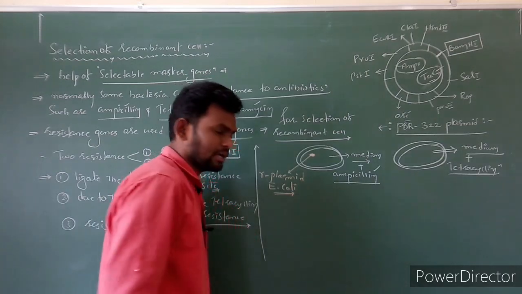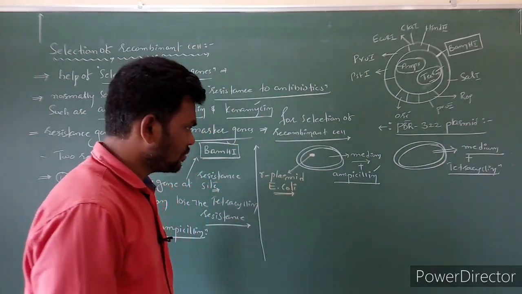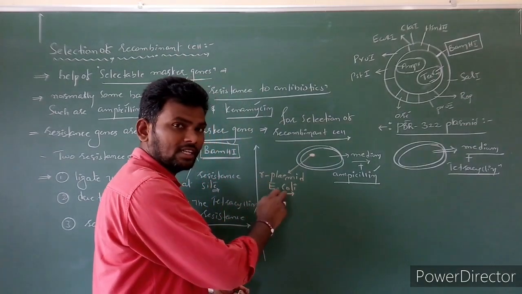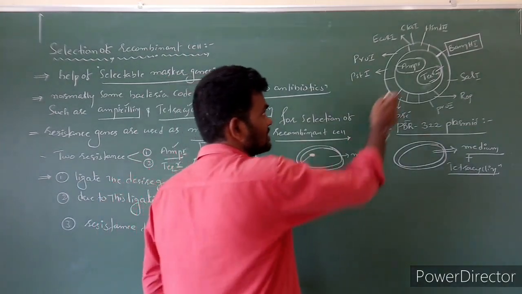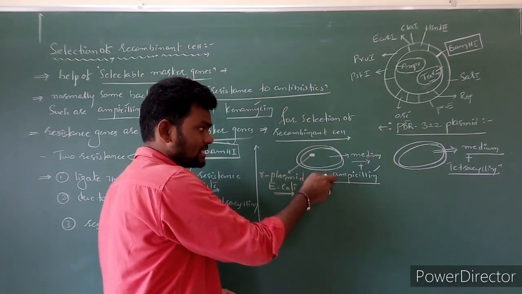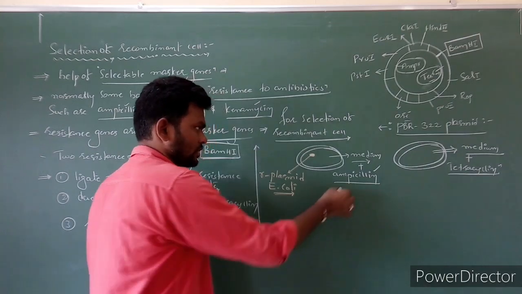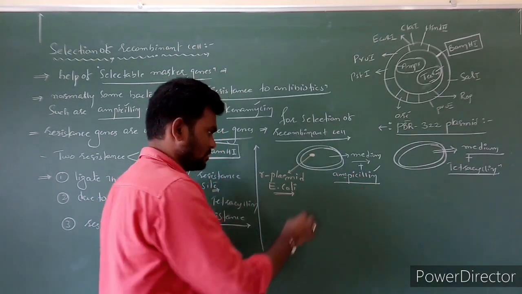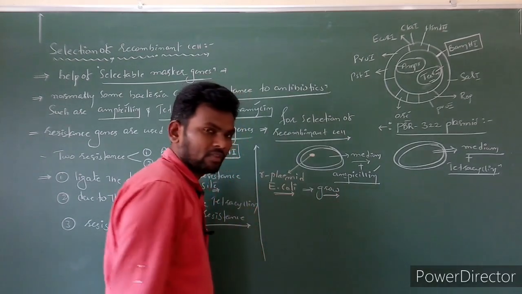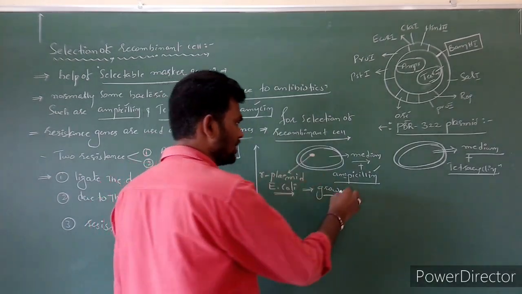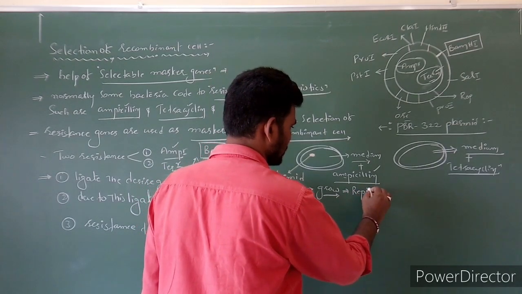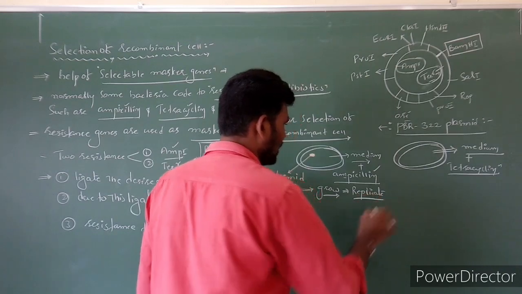This recombinant plasmid containing E. coli cell is already resistant to ampicillin, as the ampicillin resistance gene is there. So it is not affected by the antibiotic, and it grows on the medium. After some more time, it doubles, meaning it replicates.